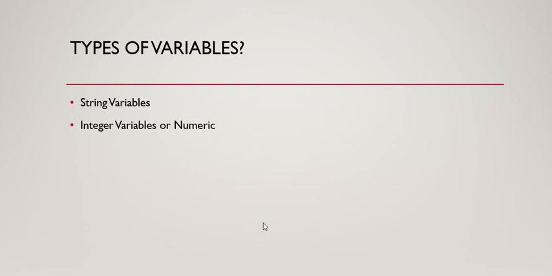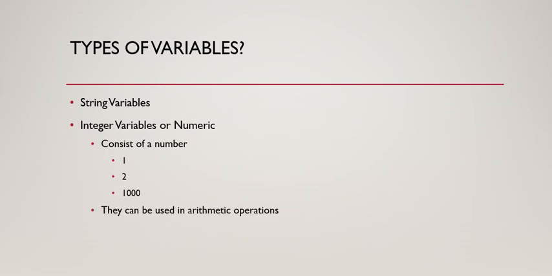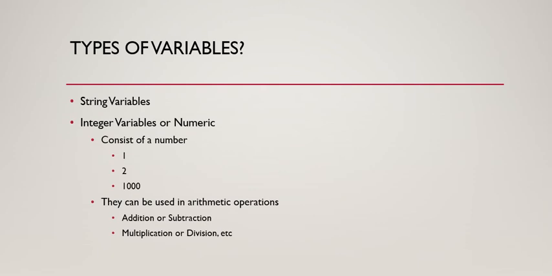So the next one is integer variables or numbers or numeric variables. It consists of a number like 1 or 2 or 1,000. And they are often used in arithmetic operations like addition or subtraction or multiplication or division.